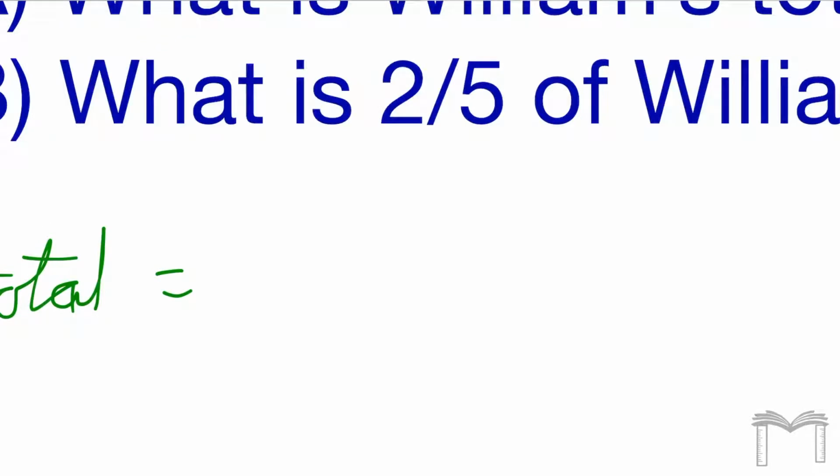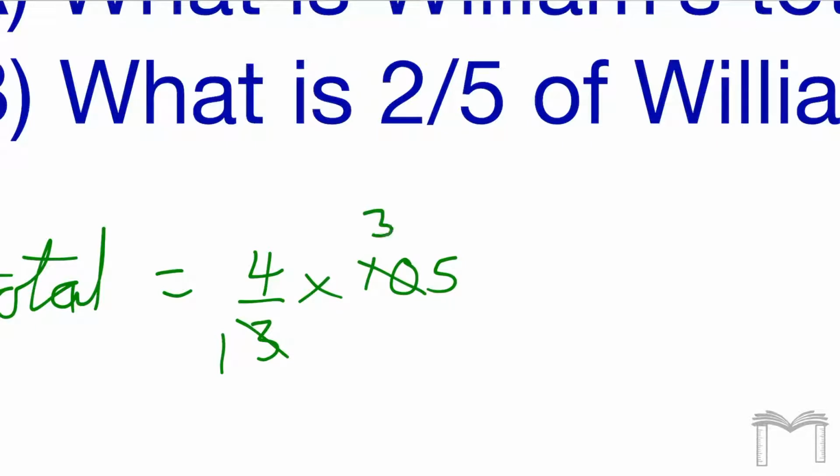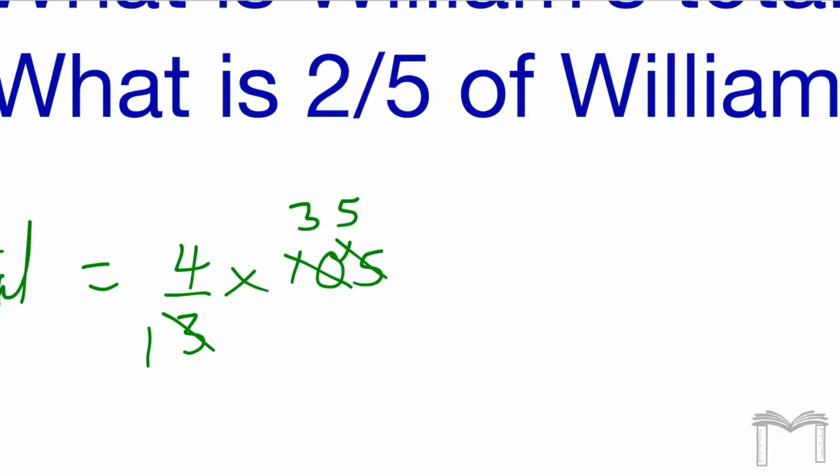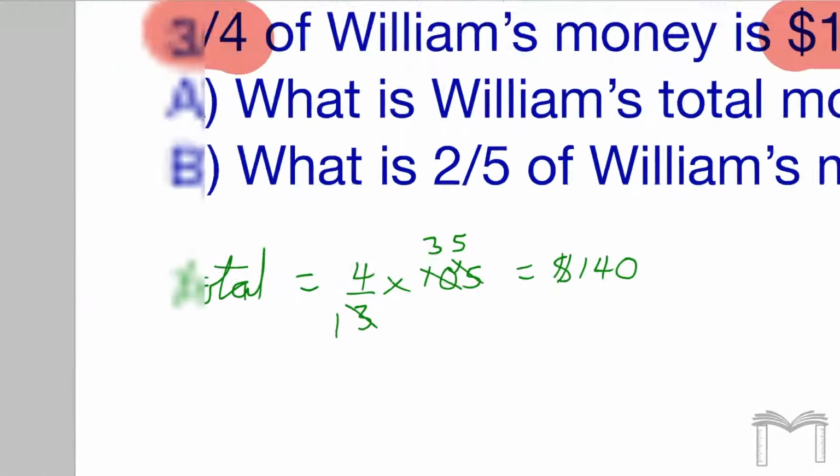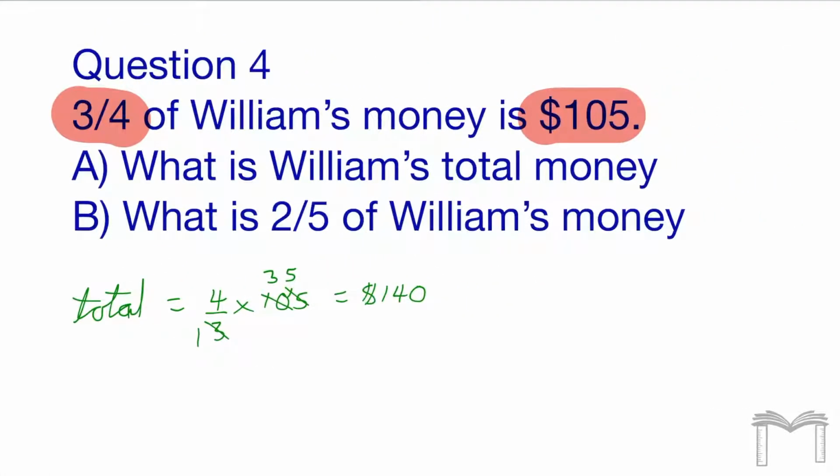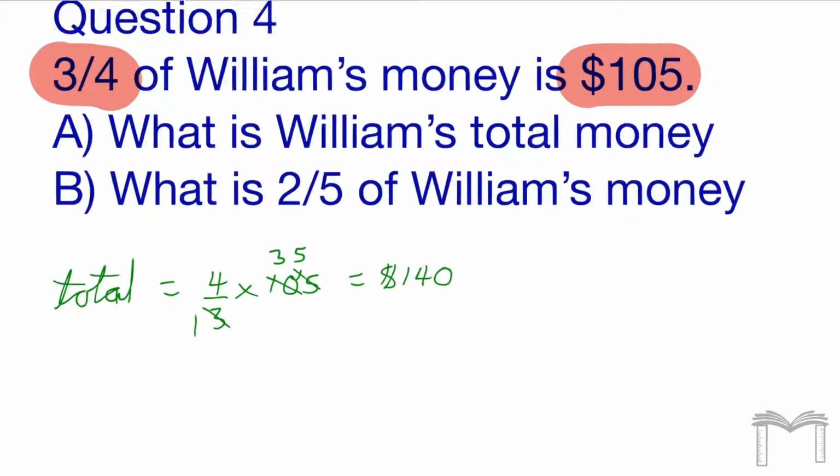So 3/4 flipped would be 4/3, multiplied by the amount it is equal to. 3 into 3 is 1, 3 into 10 is 3, remainder 1, 3 into 15 is 5. 4 times 35, when we multiply that we will get $140. So that's part A, what is William's total money.